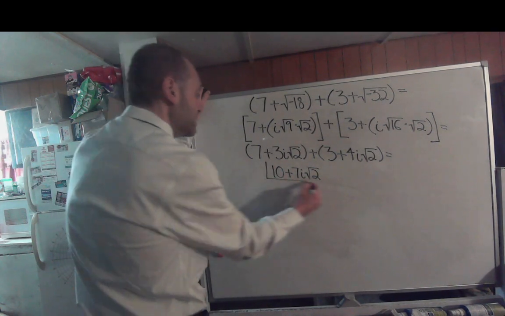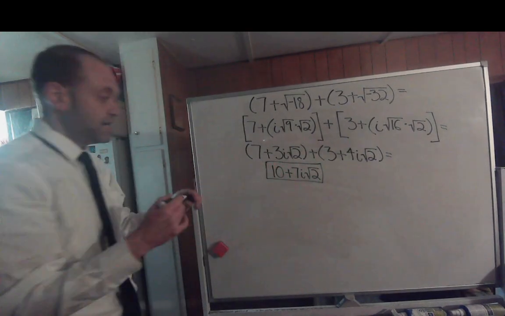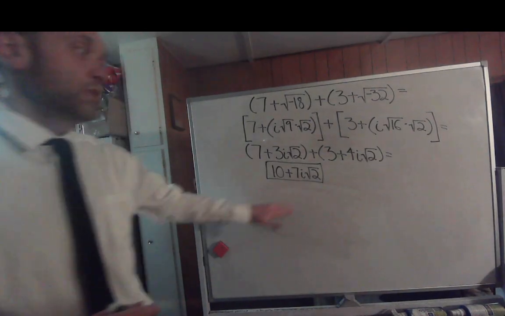And that would be the answer in standard form. You would end up getting 10 plus 7i times the square root of 2.